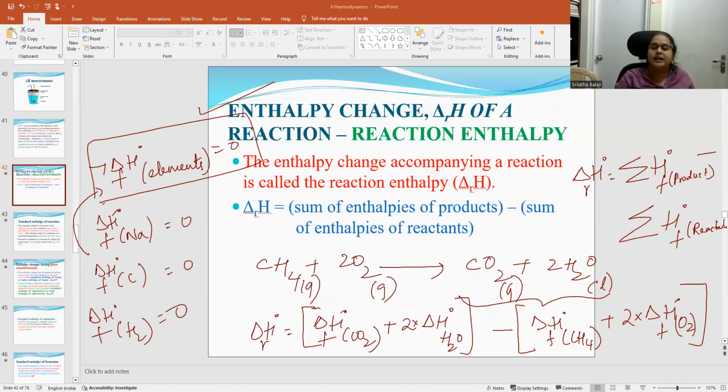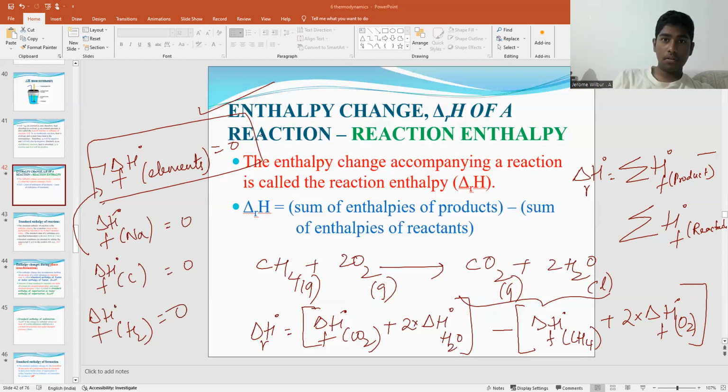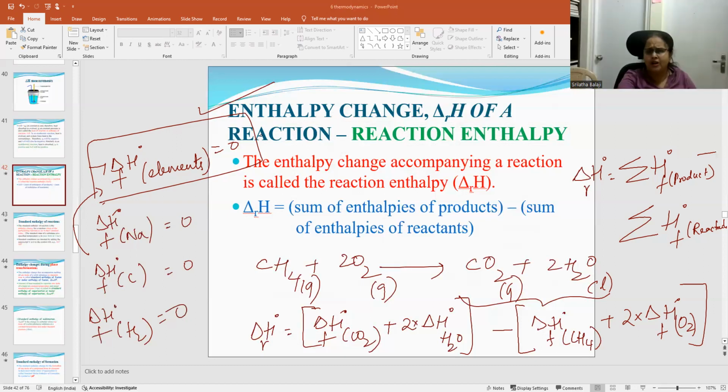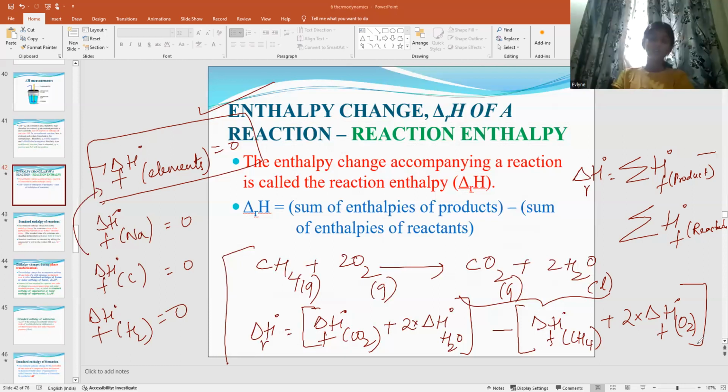So in this case, which is the element in this equation? What is the equation we have? Which one is an element in this equation? Carbon? No. In the equation we designed now, which is the element? Oxygen.